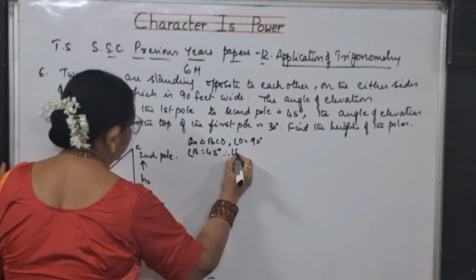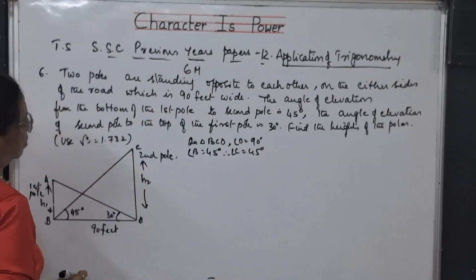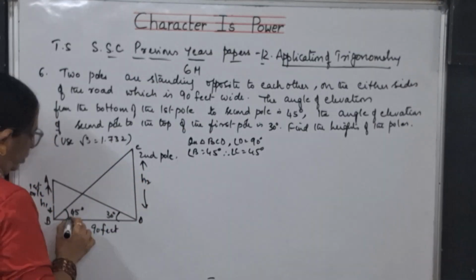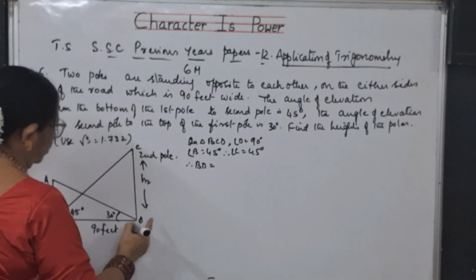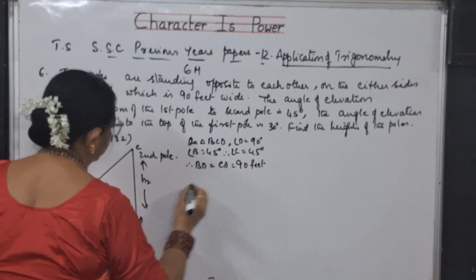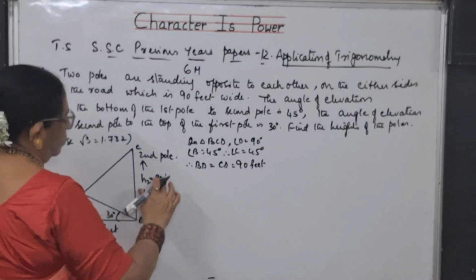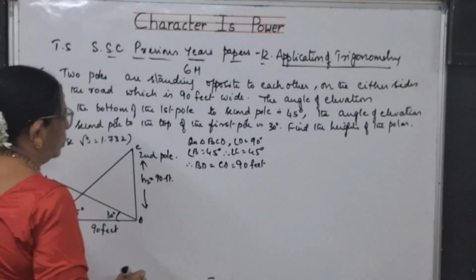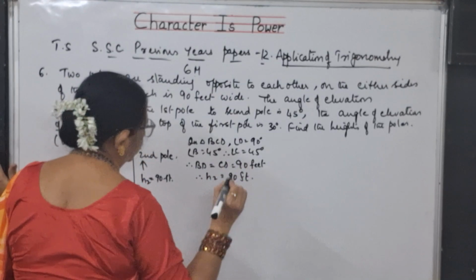Therefore, angle C also will be 45 degrees, because 45 plus 45, 90 plus 90 is 180. So if these two are same, BD is equal to CD, that is equal to 90 feet. So H2 is 90 feet. You have got one answer.